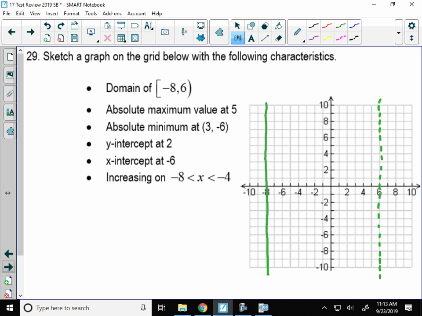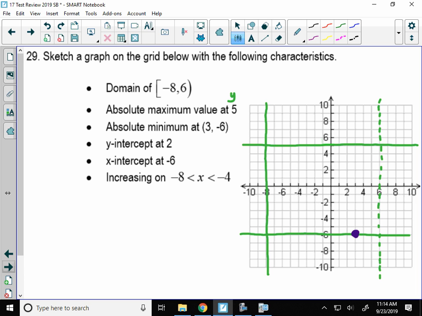I have an absolute maximum value at 5. So 5, that's a y value. I have to include 5, but I can't go beyond that line. I have an absolute minimum at 3, -6. So I can't go beyond this line, -6, but I have to include the point 3, -6. That's the lowest point on my graph.